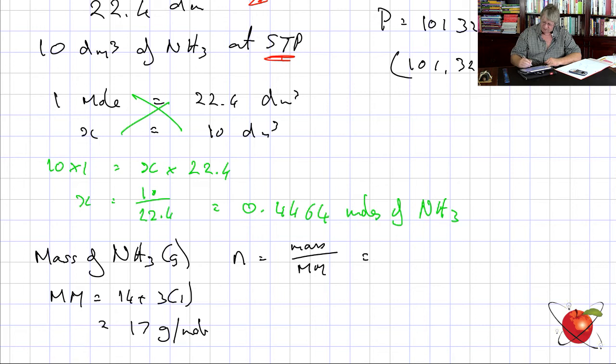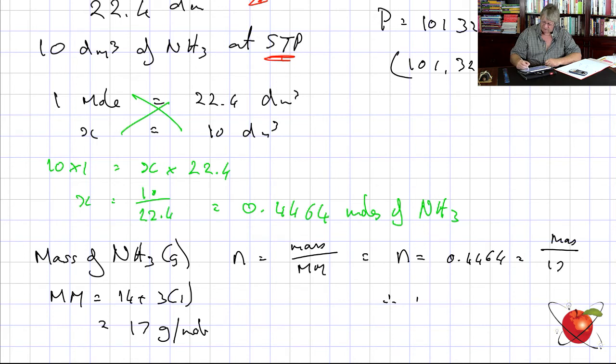Let's put it in. So the number of moles, 0.4464, is equal to mass over 17.